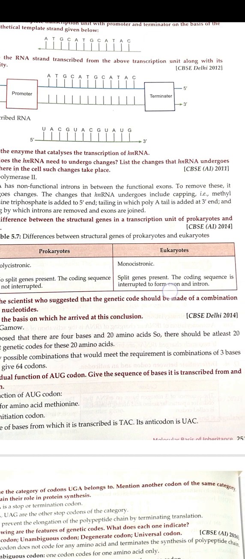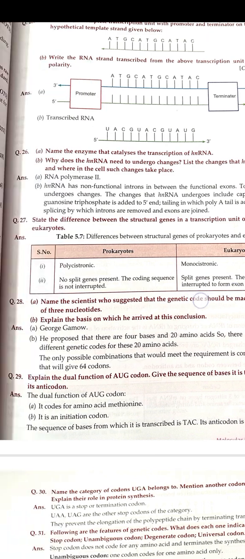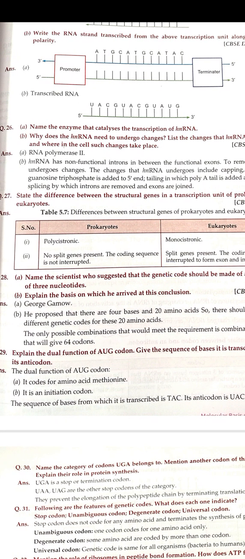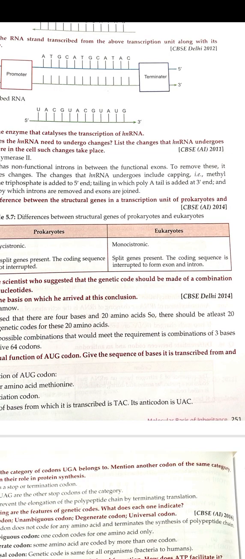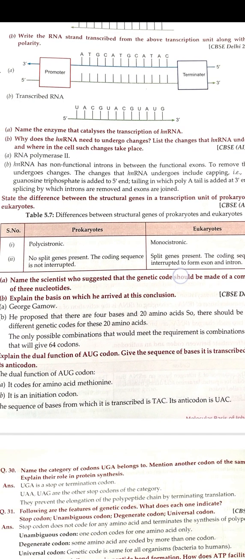These questions were asked in the CBSE exam 2011. So first, answer A is RNA polymerase II. Answer B is, hnRNA has non-functional introns in between the functional exons. To remove these, it undergoes changes.